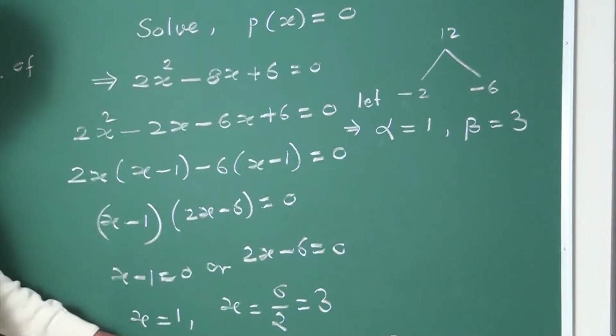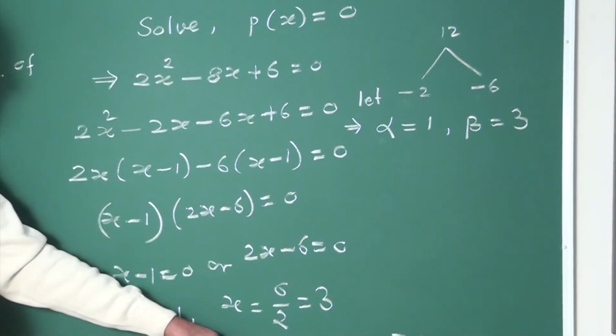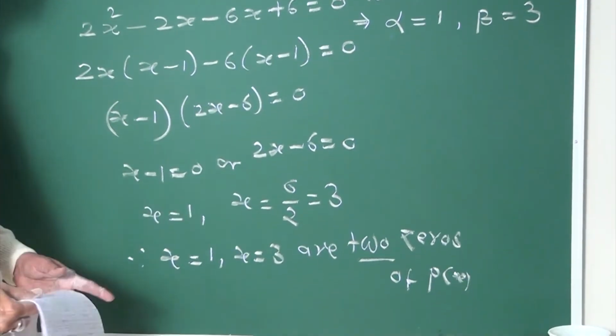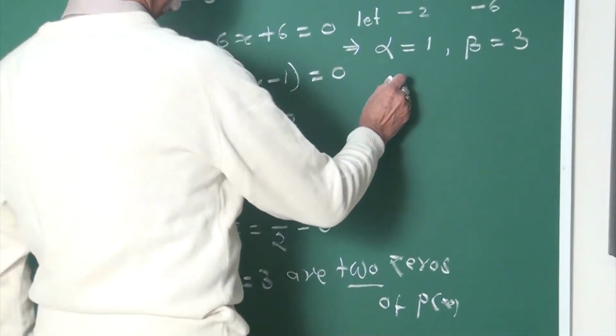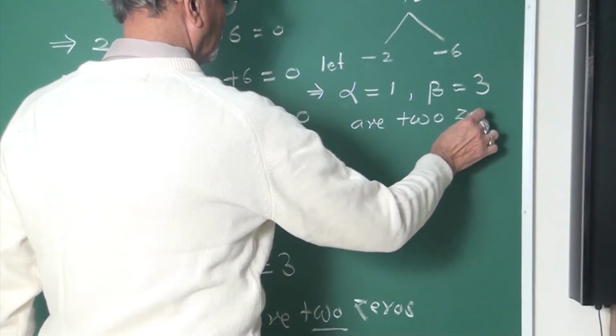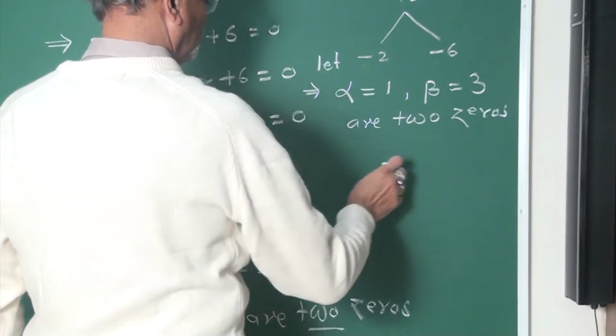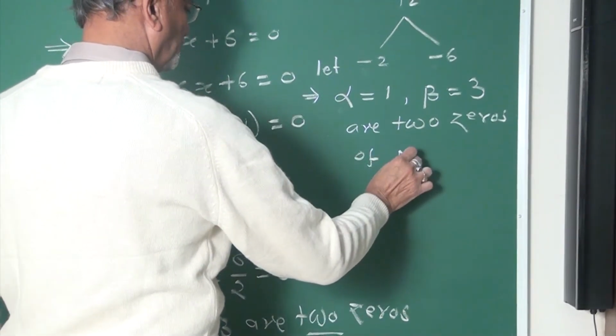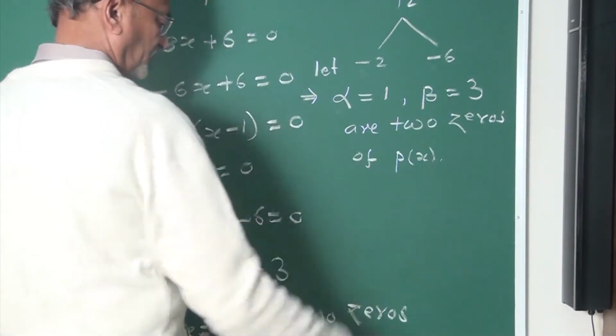Let alpha equal to 1 and beta equal to 3 be the two zeros of the polynomial p(x).